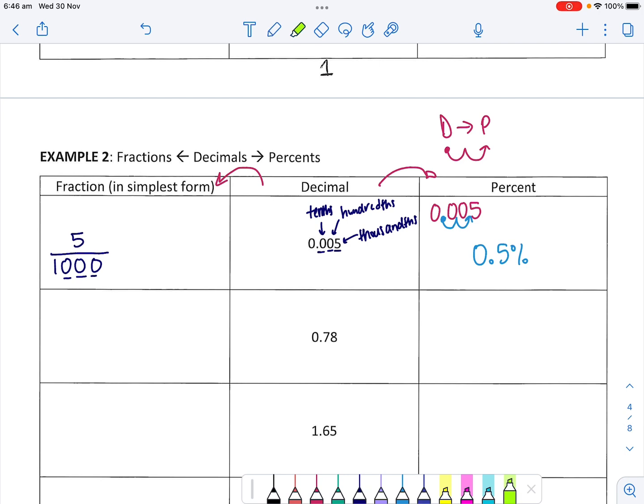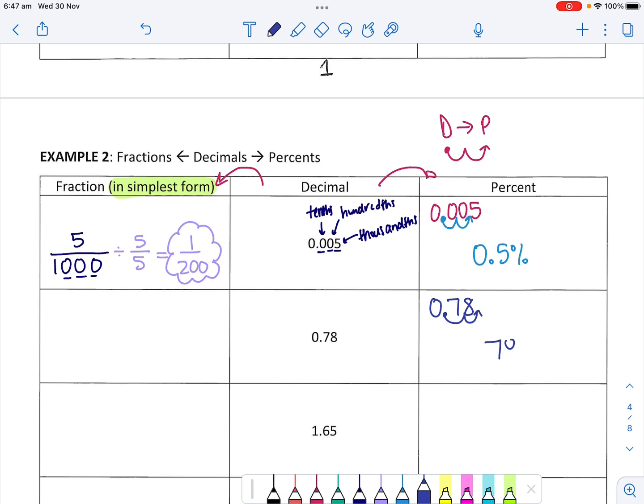Now this does say fraction in simplest form, so I am going to simplify my fraction. I'm going to divide by 5, and I get 1 over 200. Okay, and the second one, I have 0.78, so I'm going to move my decimal 2 places to the right, so 1, 2.